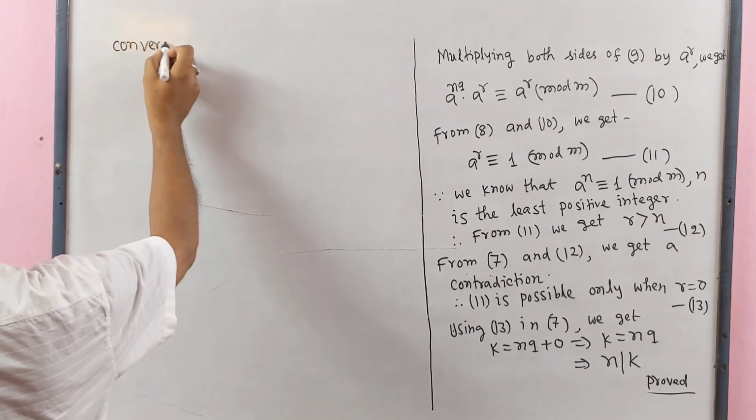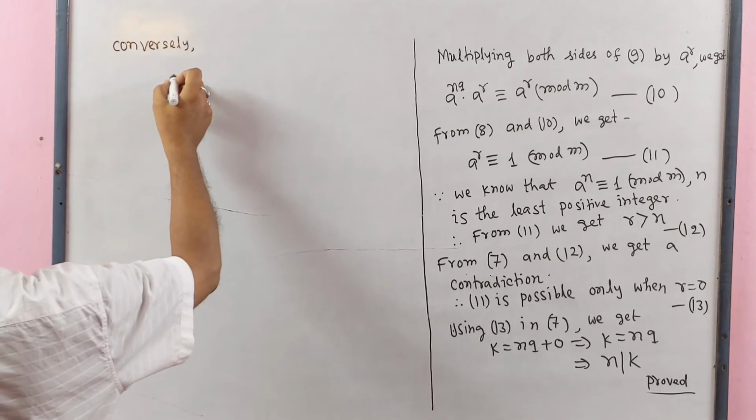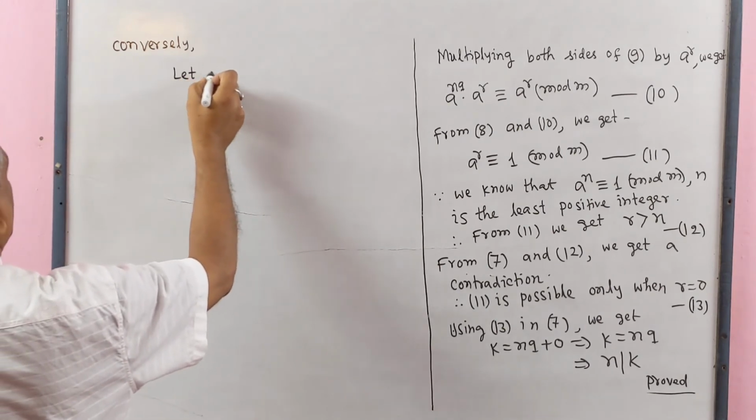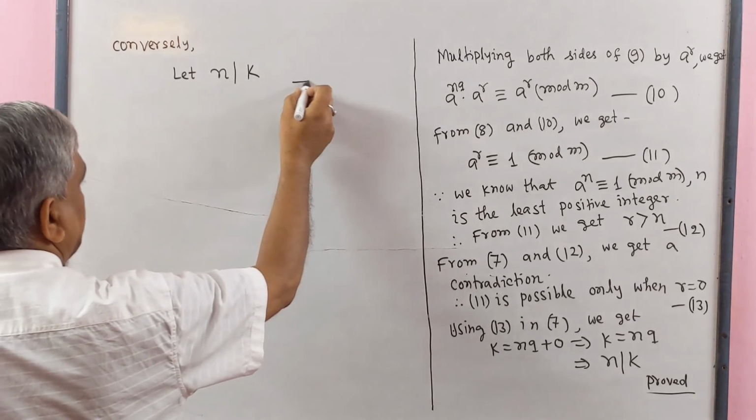Conversely, let N divides K. This is number 14.